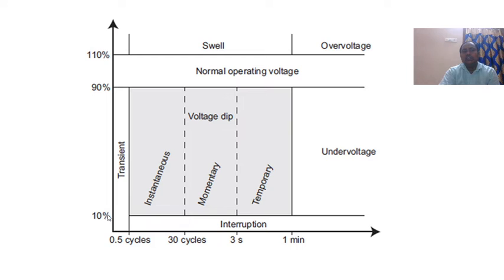If the voltage is less than 10% for a particular time, that is 0.5 or 30 cycles, or 3 seconds or 1 minute, we will call it an interruption. Above 110%, before 1 minute, we will call it swell. After 1 minute, above 110% of voltage, we will call it over voltage.